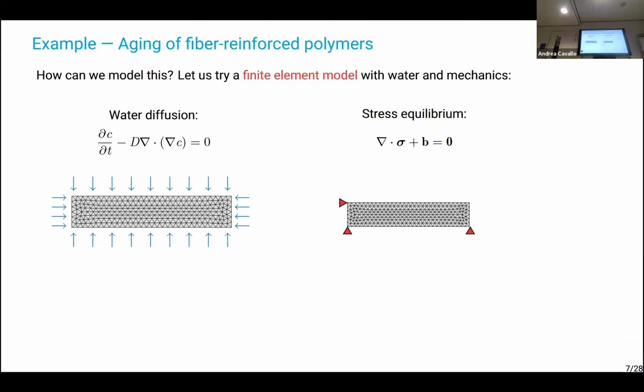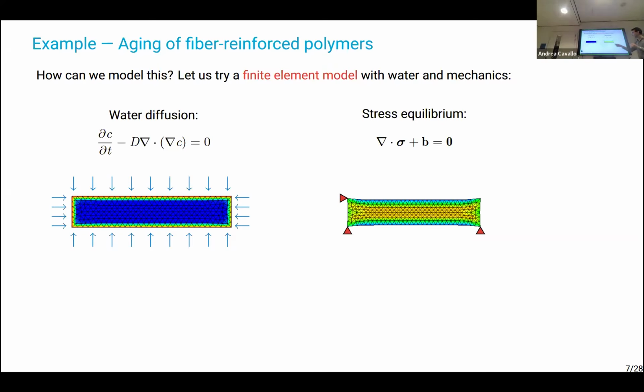So what I did was I set up a finite element model for this material. So now, okay, let's try to use physics to model this. So I modeled how water diffused into the specimen. You can imagine the specimen coming out of the screen here. It's just a cross section of the specimen. Water is coming in from all sides. And because water makes the material swell, right?